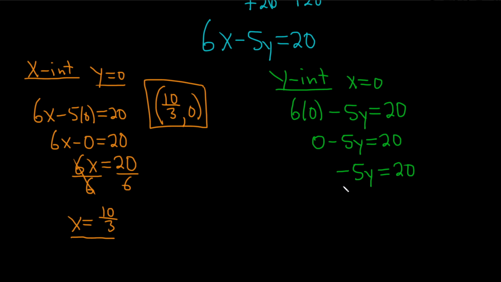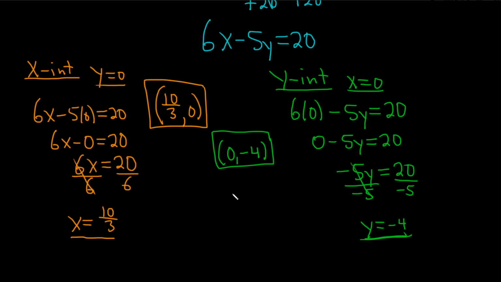The y is being multiplied by the negative 5, so to undo that, we have to use division, so we just divide both sides by negative 5 like this. And so we get y equals negative 4. So when x is 0, y is negative 4. So as an ordered pair, that would be 0, comma, negative 4.